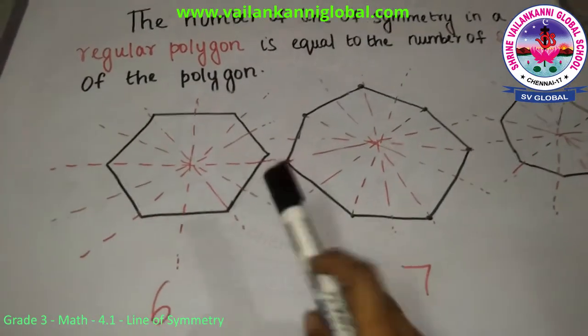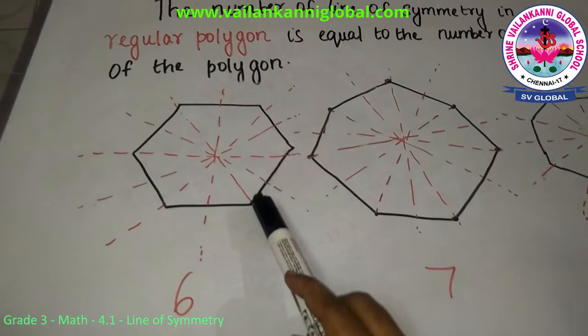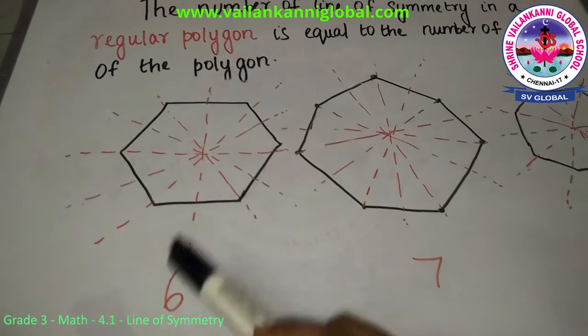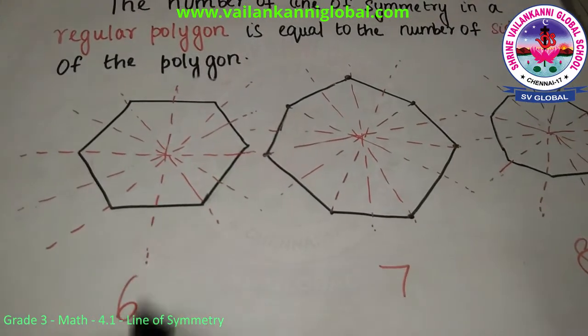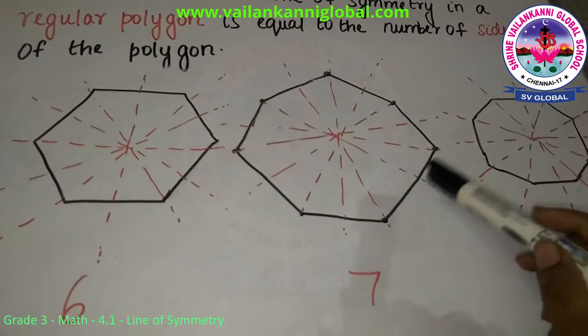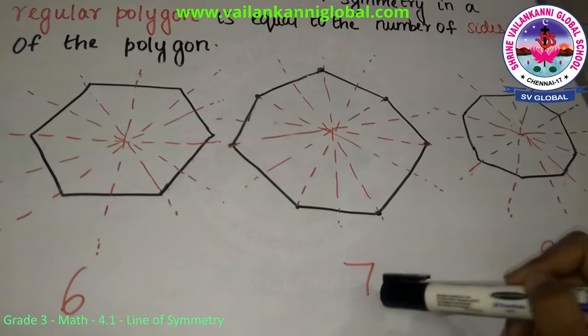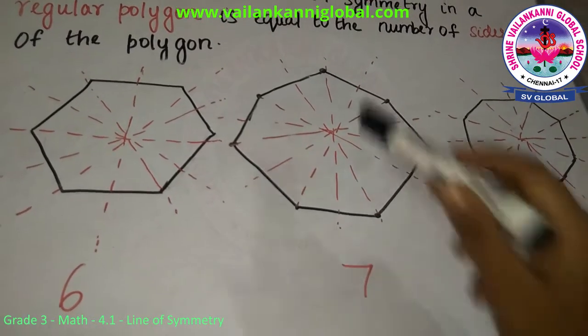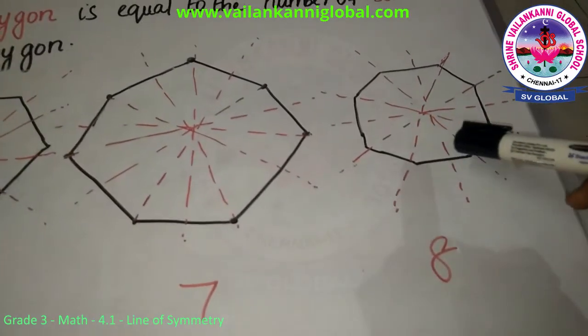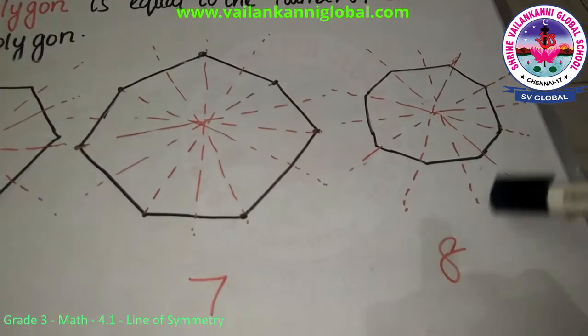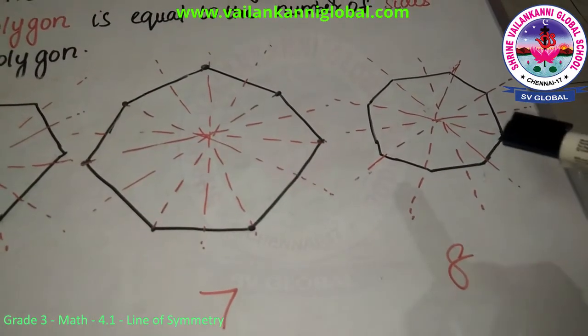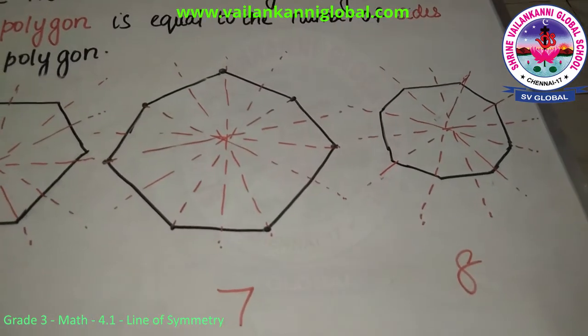This is a hexagon which is a regular polygon and the number of sides is 6. So the lines of symmetry are also 6. This is a heptagon, the number of sides is 7 and lines of symmetry are also 7. This is an octagon, the number of sides is 8 and the lines of symmetry are also 8.